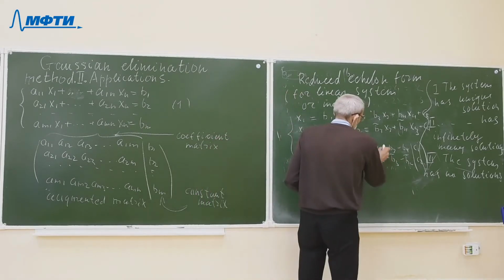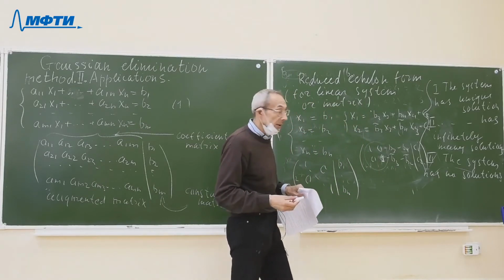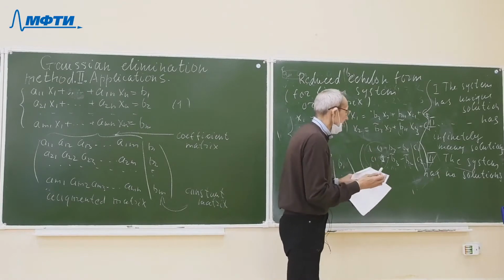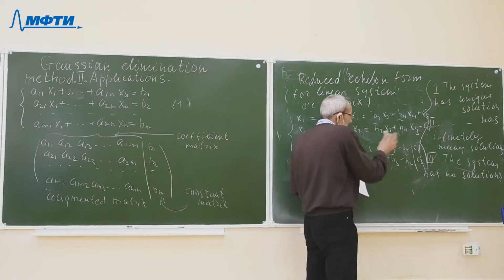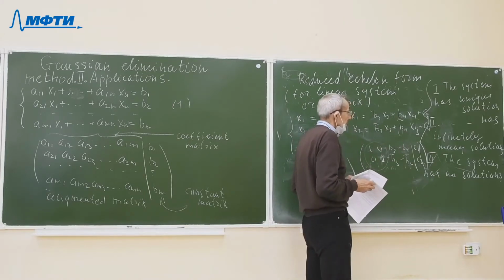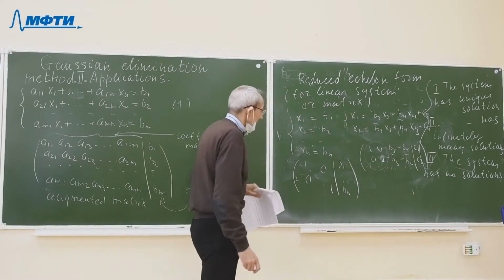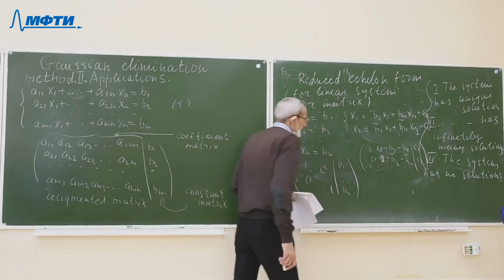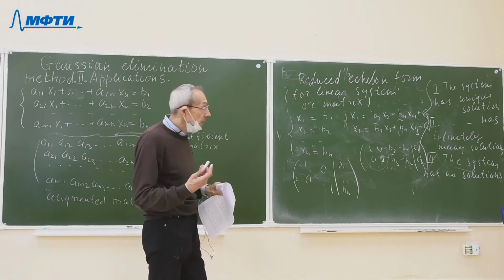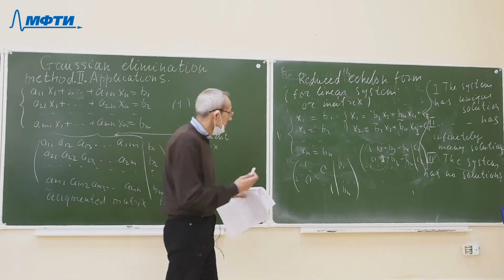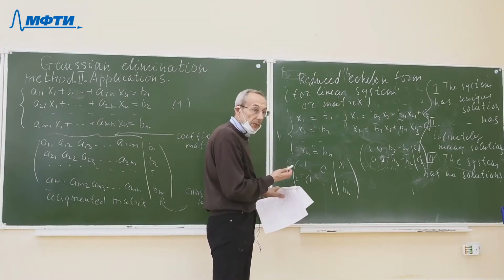In this case we have a collection of columns which present the identity matrix, and the other columns have an arbitrary form, and they also have a constant term. In this case we also obtain a presentation of the solution of our system. Our goal is to reduce an arbitrary matrix to one of these canonical forms.